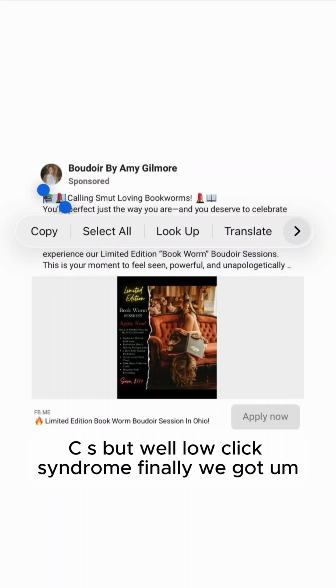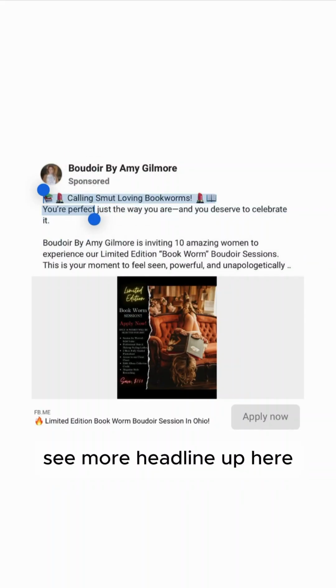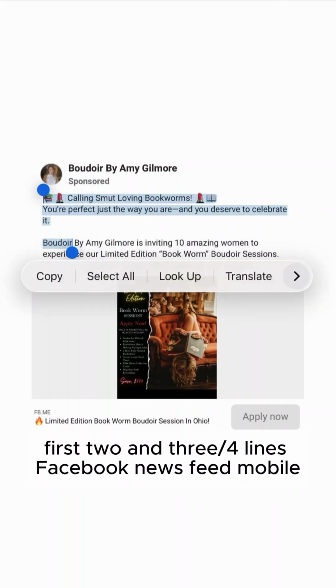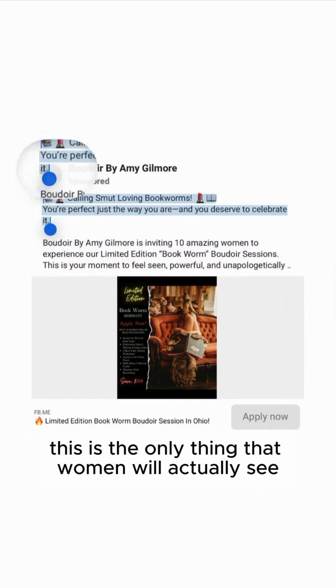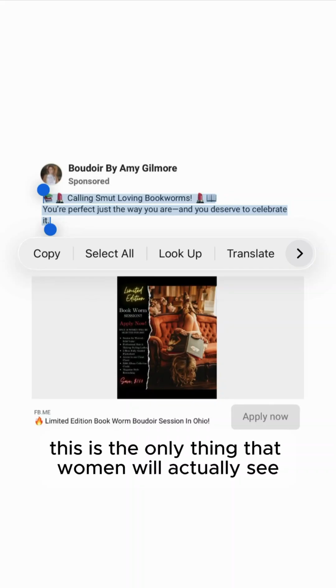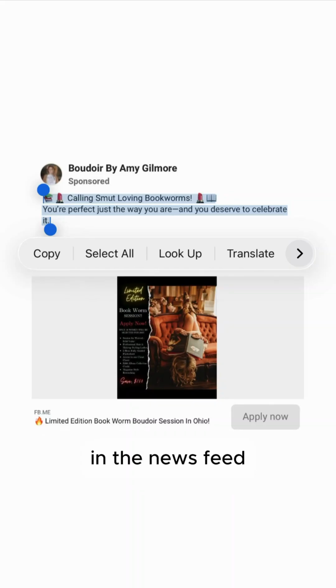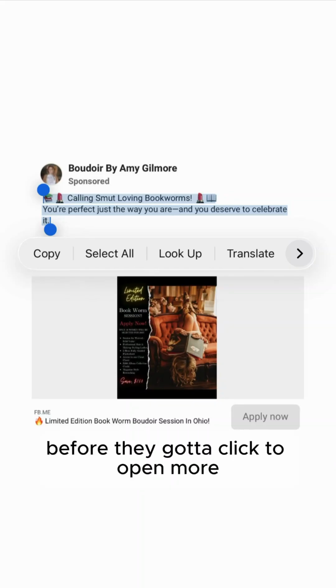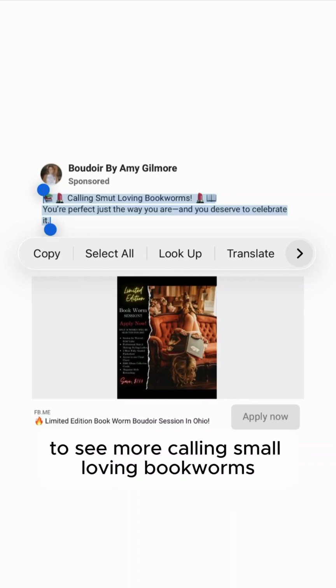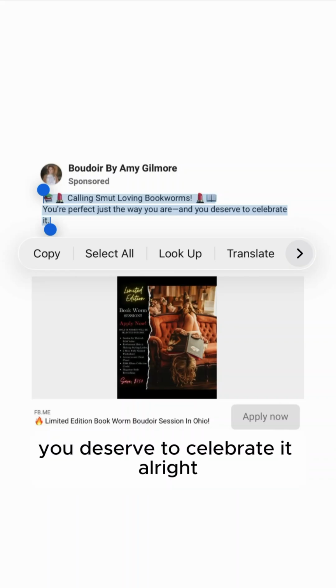Finally, we've got the see more headline up here. First 2 3/4 lines, Facebook newsfeed mobile. This is the only thing that women will actually see in the newsfeed before they click to open more, to see more. Calling small 11 bookworms. Just deserve to celebrate. All right, so small amounts of context here, but this is the lack of context mistake.